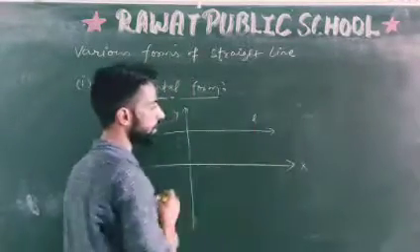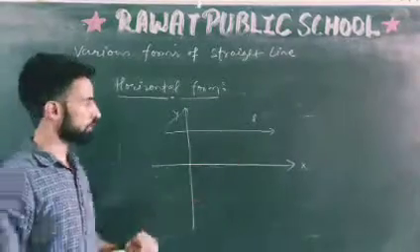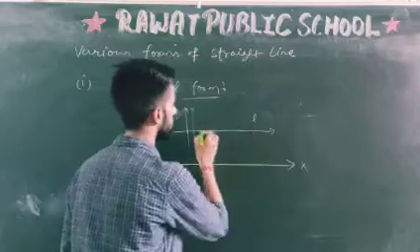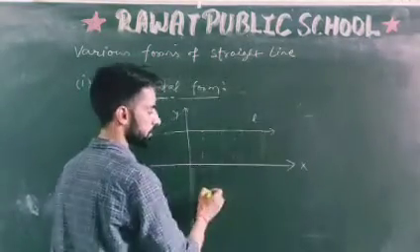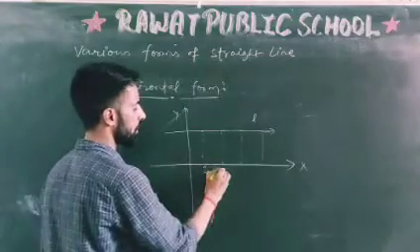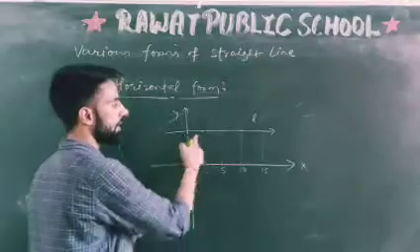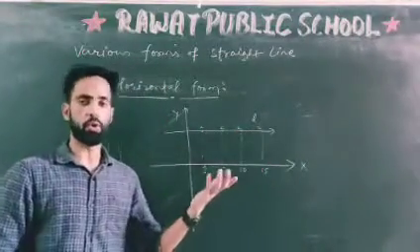This is our line L. In this case, for every point the value of y is fixed and x is changing. If x is 1 here, 5 here, 10 here, 15 here, the value of y is fixed: 2, 2, 2, 2. It can be 2 or anything.